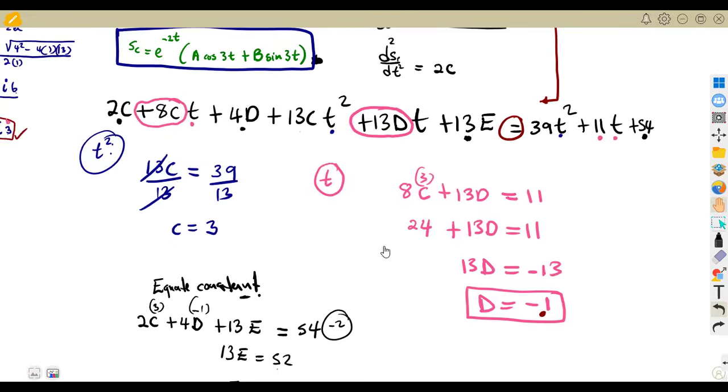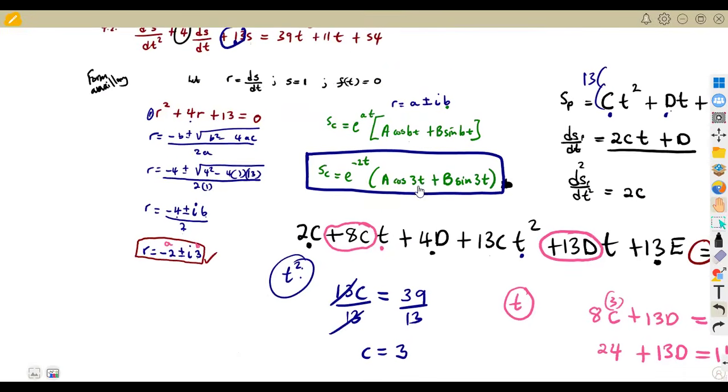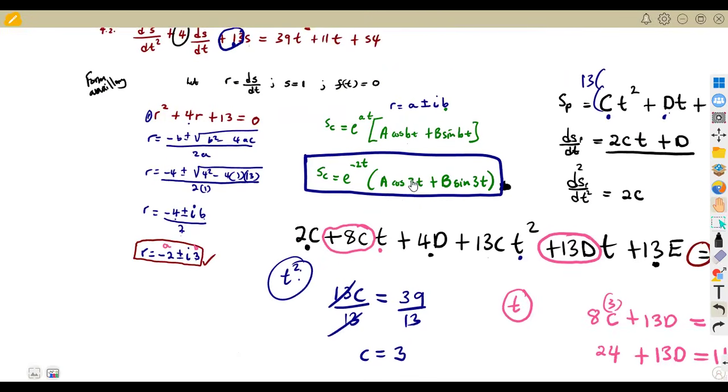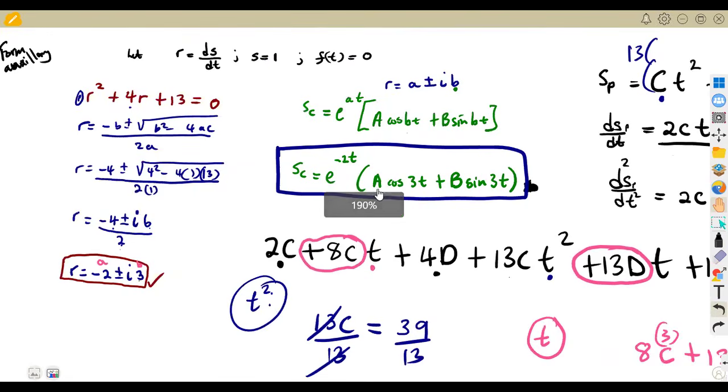But these ones, the A and the B on the complementary function, these values here, these letters here. In order for us to find these, we only have to apply the original information that we are given. And what is that original information that we are given?